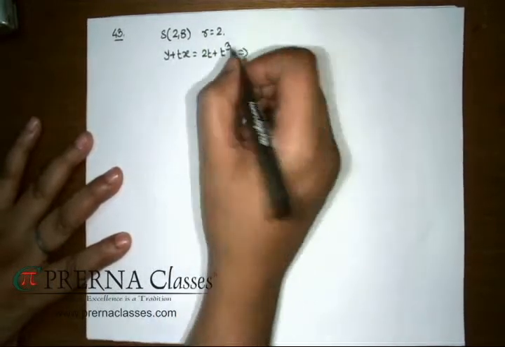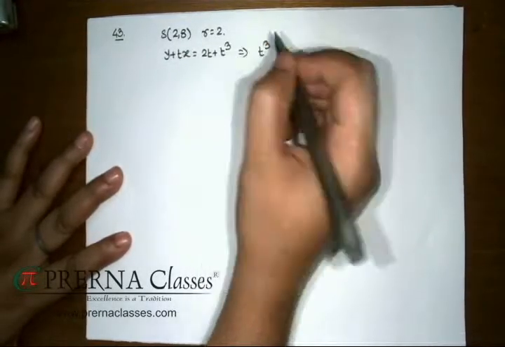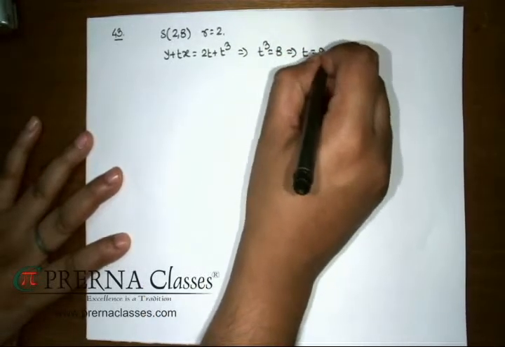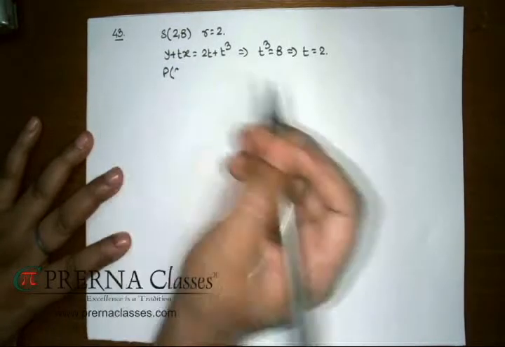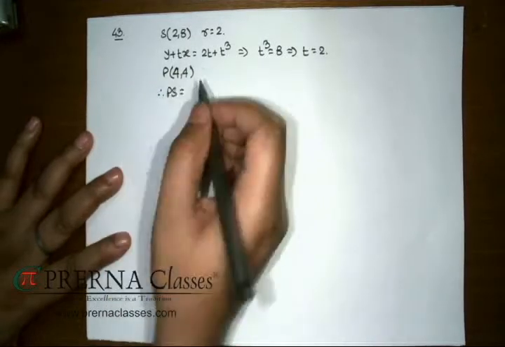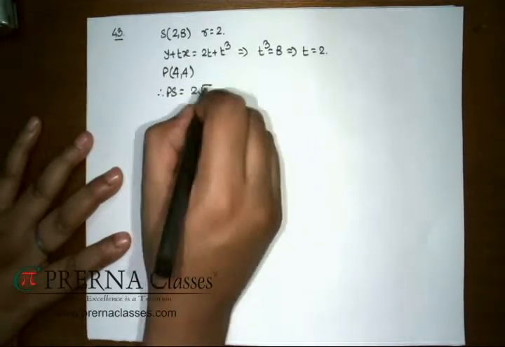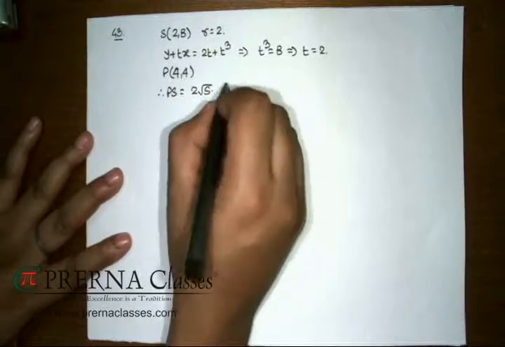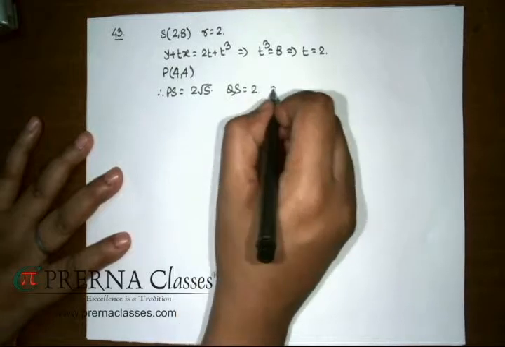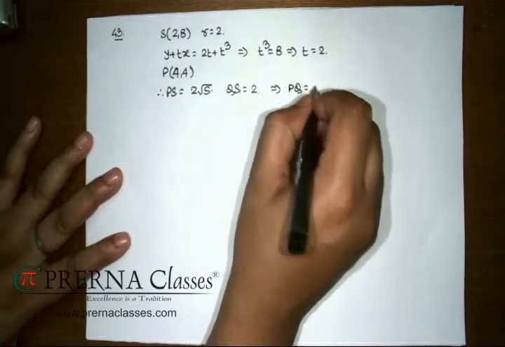Once you substitute (2, 8) in this, you can check t turns out to be 2, so clearly that point P is (4, 4), hence you know the distance PS by the point distance formula. Simply you can check that quantity turns out to be 2 root 5. Once you know this, you know that QS is nothing else but the radius, which is 2. Hence you know clearly the value of the distance PQ, which is 2 root 5 minus 2.